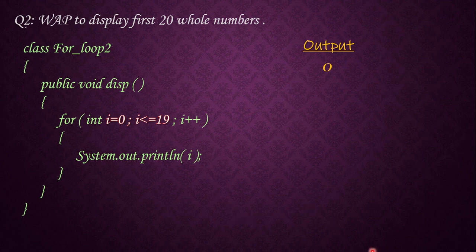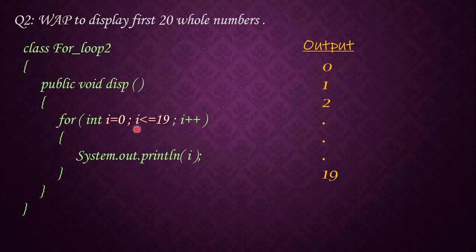In this manner 1 will be printed, then 2 will be printed, and it will go up to 19. Now what happens after 19? So 19 got printed, then the updation process will be executed. So from 19 the value increases by 1 and it becomes 20.